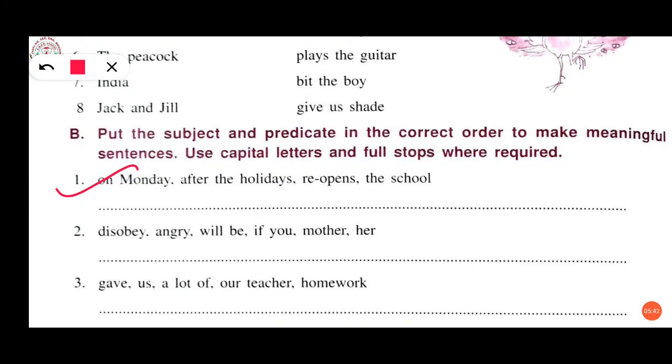So the school reopens on Monday after the holidays. According to the subject and the predicate we have to make a meaningful sentence. So what will be the answer of the first one? The school reopens on Monday after the holidays.